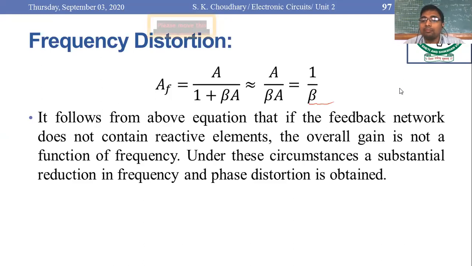Under these circumstances, a substantial reduction in frequency and phase distortion would be obtained. So when you apply negative feedback to the amplifier using only resistive elements in the feedback network, your overall gain would be decreased, but it would not be a function of frequency, and a substantial decrease in the frequency and phase distortion would be obtained.